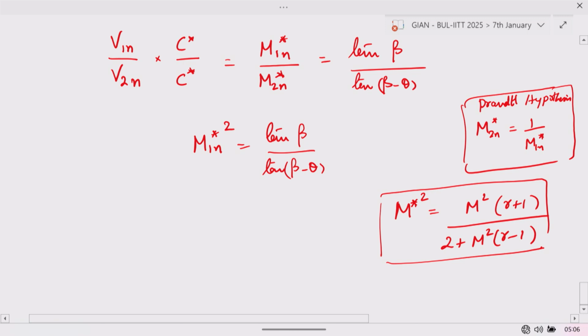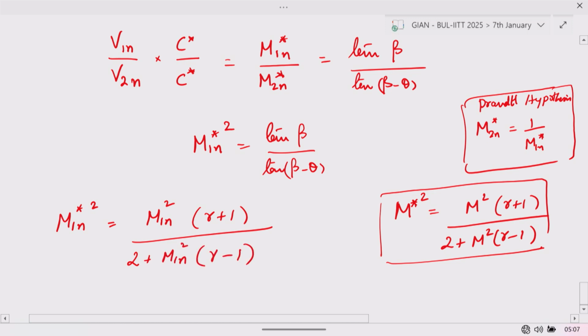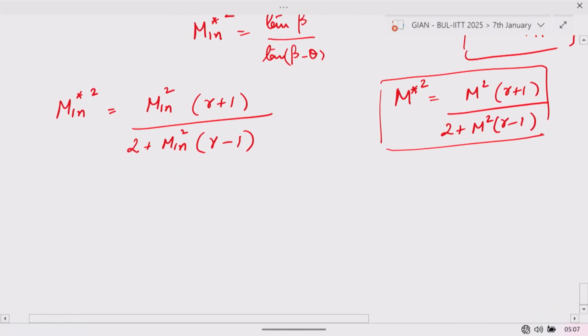So accordingly, I can write M1n star square is equal to M1n square into gamma plus 1 divided by 2 plus M1n square into gamma minus 1. Understood?